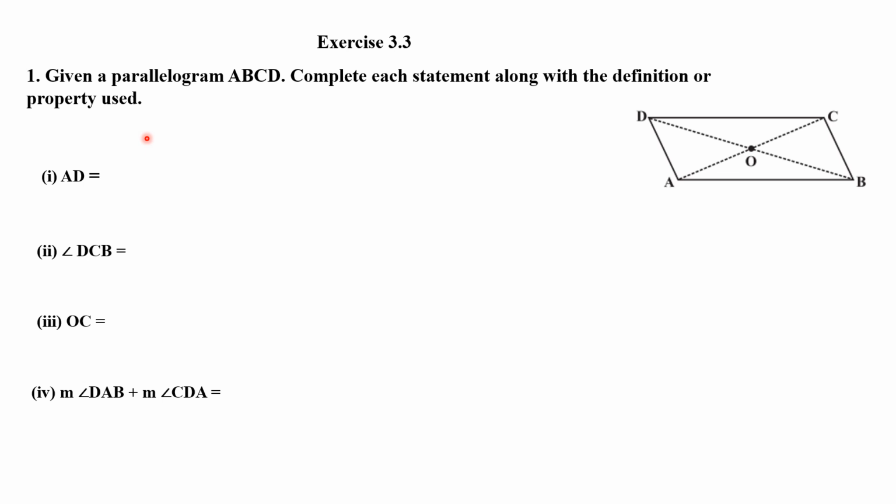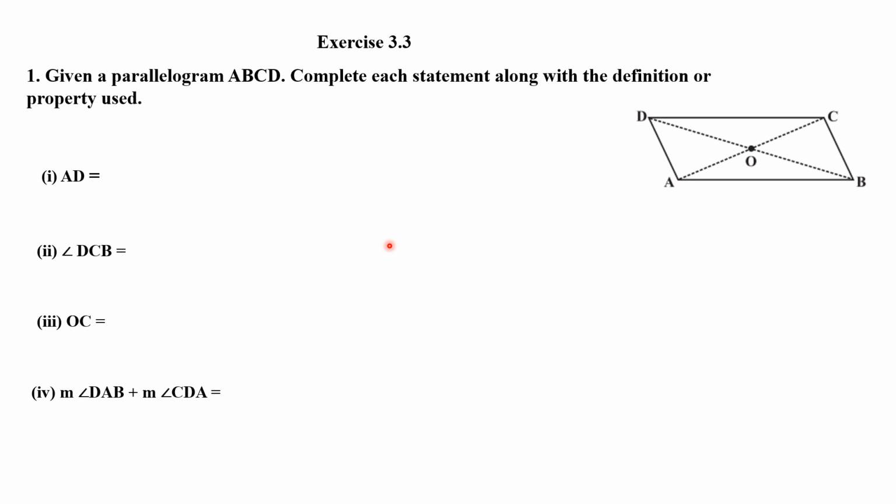Okay, now I'm going to do a quick recap of all the properties of a parallelogram. The very first property: in a parallelogram, the opposite sides are of equal measure. Second property: opposite angles in a parallelogram are equal.